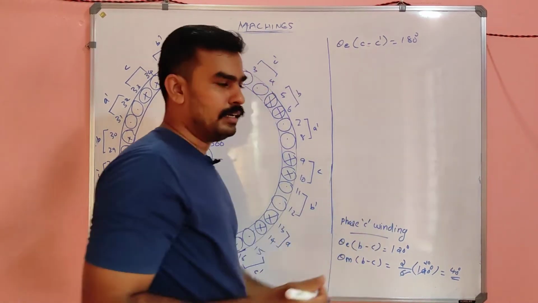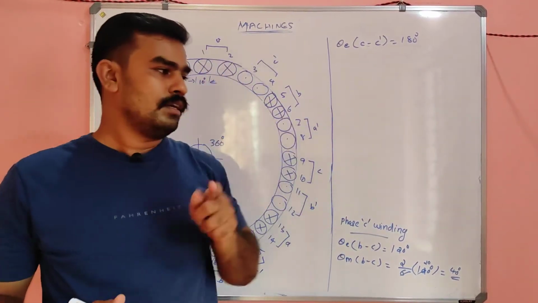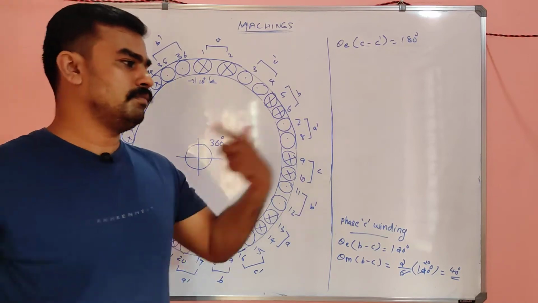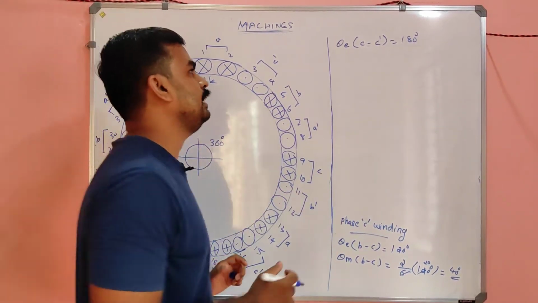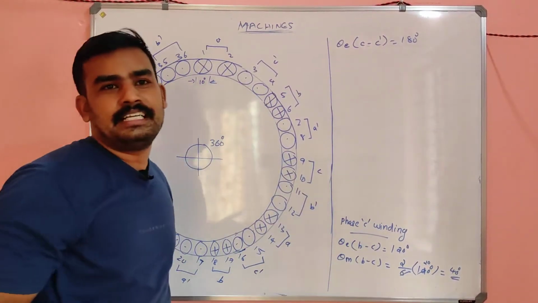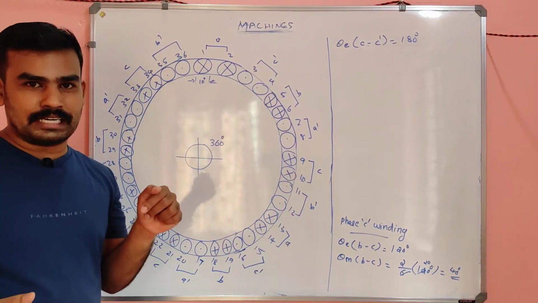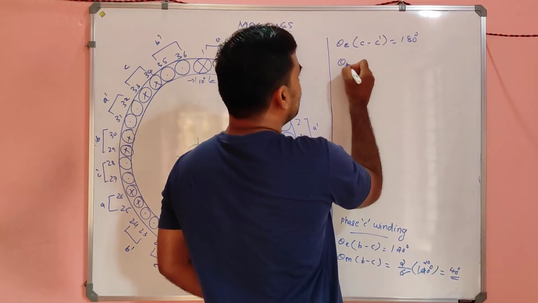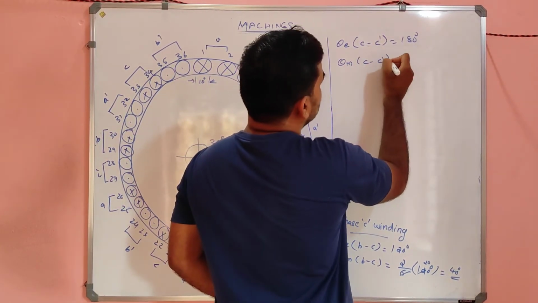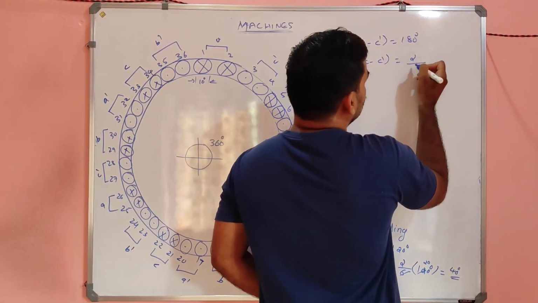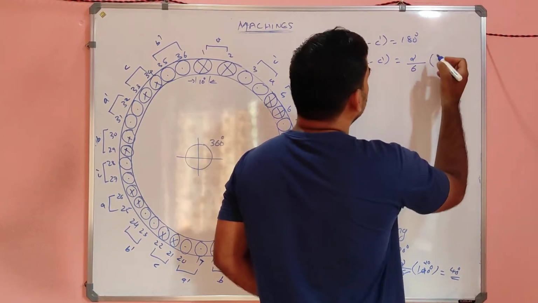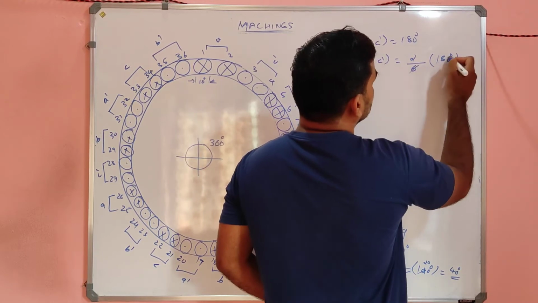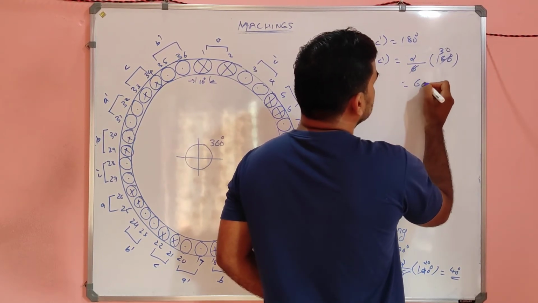We already know the incoming and the outgoing coil, the angle between them will be 180 degree. So we can't measure that 180 degree using naked eyes or a protractor. So we need to convert it into mechanical degree. So what will be the theta mechanical of C to C dash? It will be nothing but 2 by 6, that is 2 by P, into theta electrical, which is 180 degree. So it will be 60 degree.